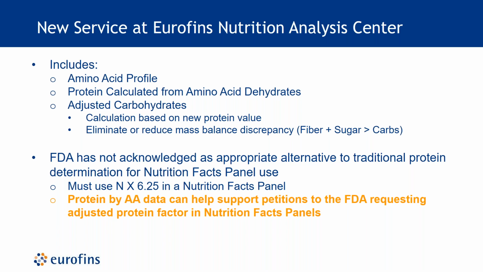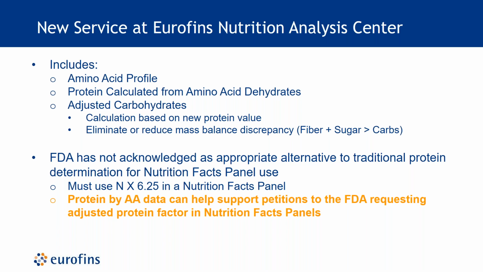This is basically using the same formula, 100 minus proximate, but we're going to swap out the protein from nitrogen combustion with the protein from amino acid dehydrates, thus recalculating your carbs and hopefully eliminating or reducing the mass balance discrepancy that you see in a nutrition facts panel or on your analytical report. So this is that, again, fiber, sugar greater than carbs. If we're substituting in a more appropriate protein value, your carbs are hopefully going to be bumped up, and your fiber and sugars will be within that acceptable range.